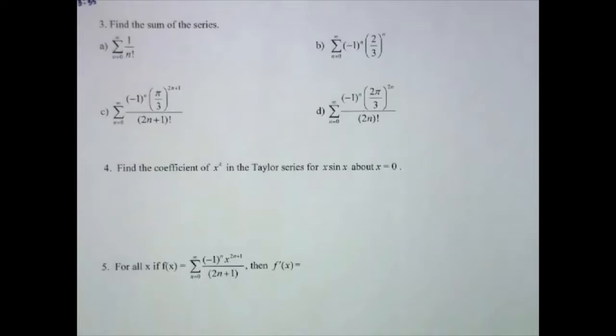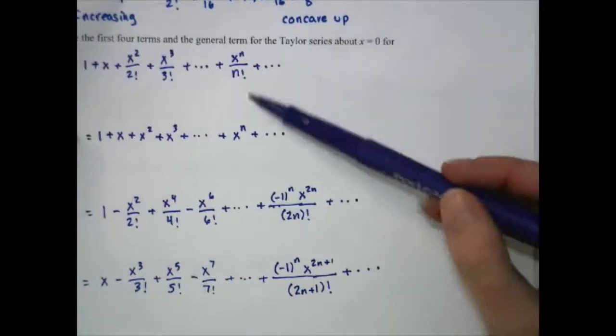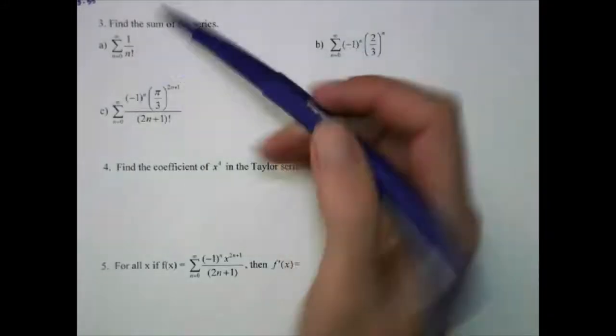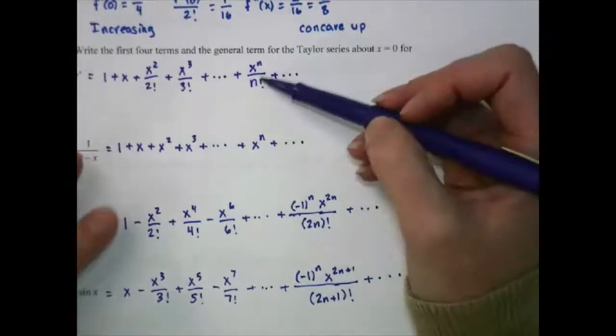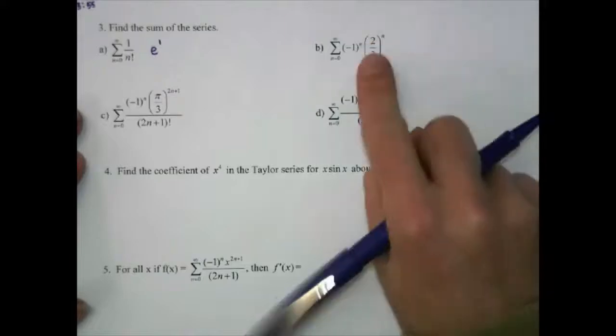Now we're going to kind of work backwards. So it says find the sum of the series. Notice there's no x's in any of these. We're going to match the function with the appropriate general term and then figure out what the x is. So this first one is going to be our e to the x, where our x is 1. So this is going to be e to the 1.